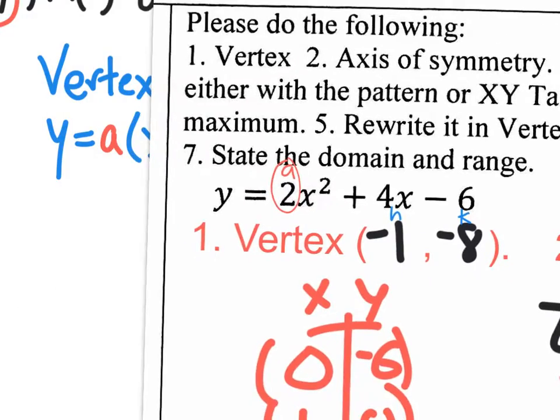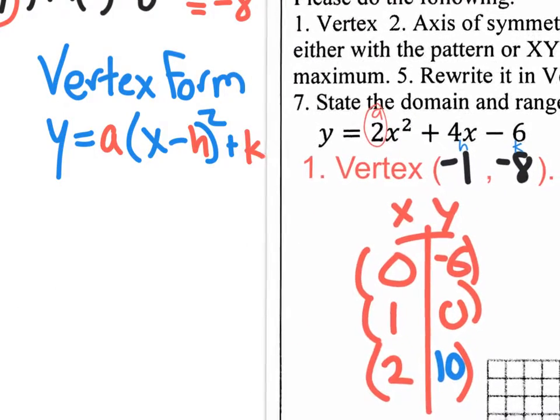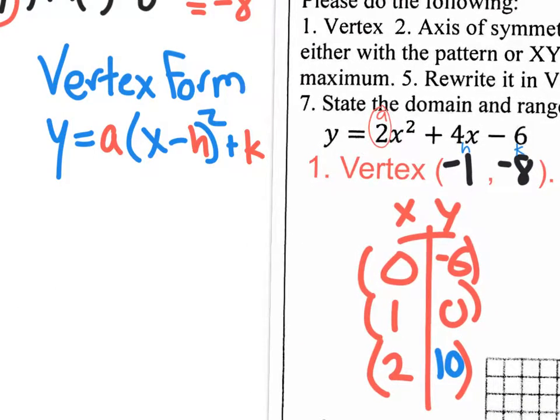So let me zoom out. And now let me write down the equation here. So you have y equals what? 2 parentheses x. Okay, and let me go show on my work minus -1, right?